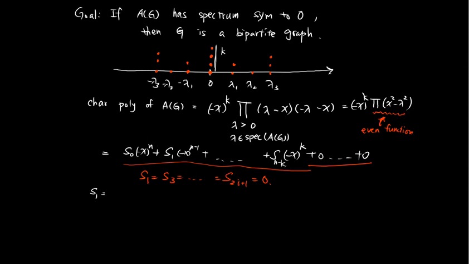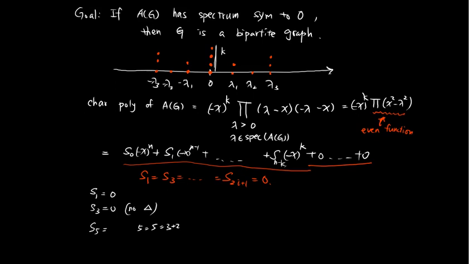S1 is equal to 0. That's straightforward; that happens all the time. And S3 is equal to 0, which means there is no triangle. But now, what about S5? Why is S5 equal to 0? You see, 5 can be 5, or 3 plus 2, and that's all. You cannot have 1.